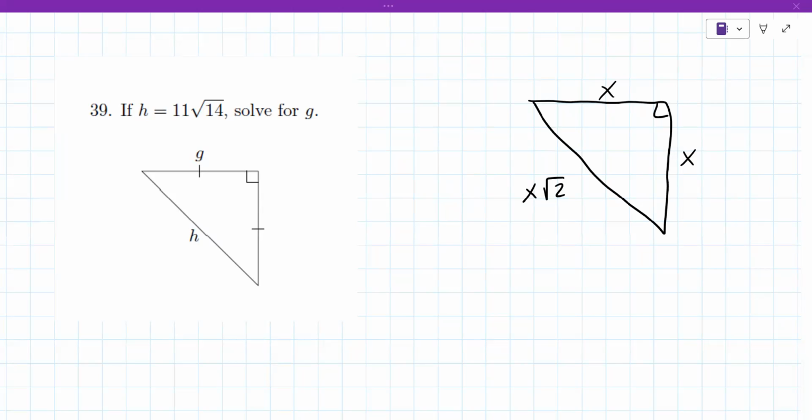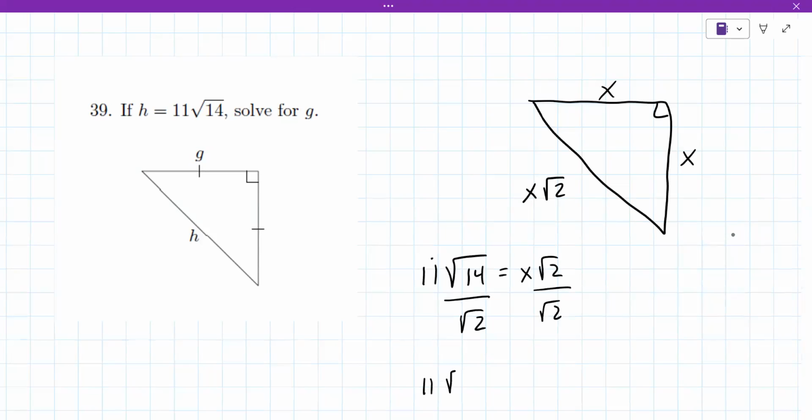Here you just divide by root 2. Exactly. Yes. Oh, okay.